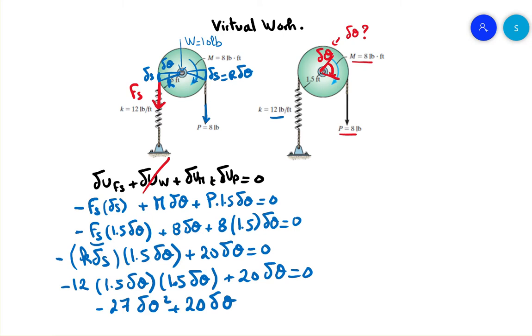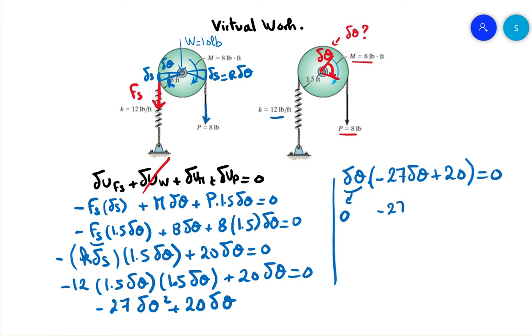To solve this one, we can factorize by delta theta. So we have delta theta times minus 27 delta theta plus 20, equal to 0. There are two solutions. Either delta theta equals 0, but it's not equal to 0, or minus 27 delta theta plus 20 is equal to 0.